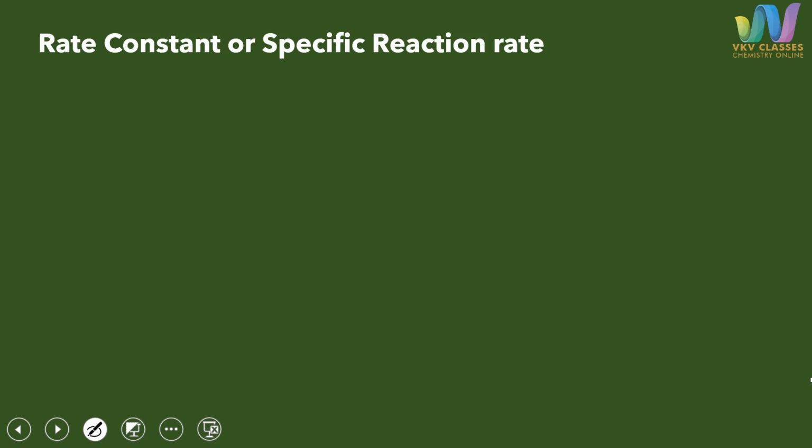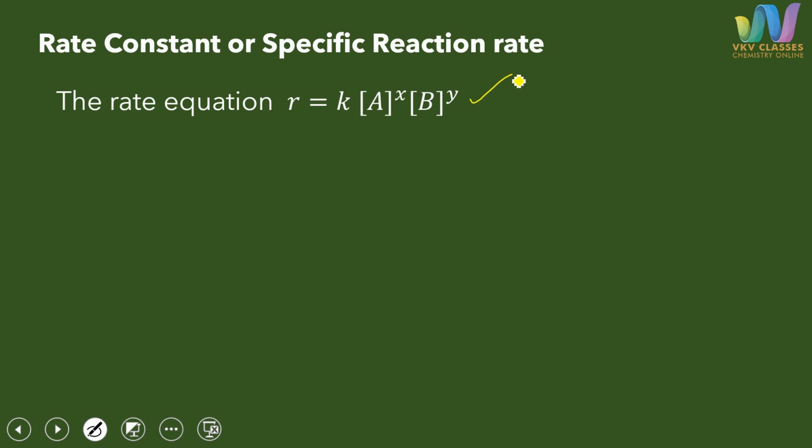Rate constant or specific reaction rate. The ordinary form of the rate equation is R equal to K into A power X into B power Y. Here the constant K is called the rate constant.